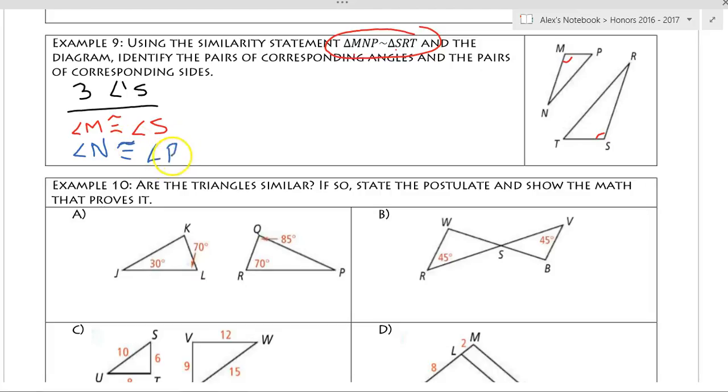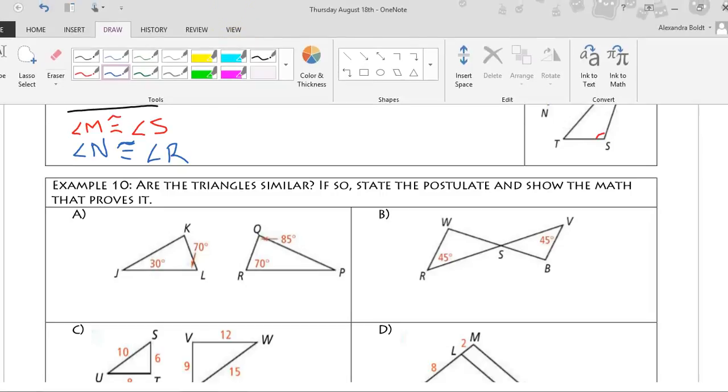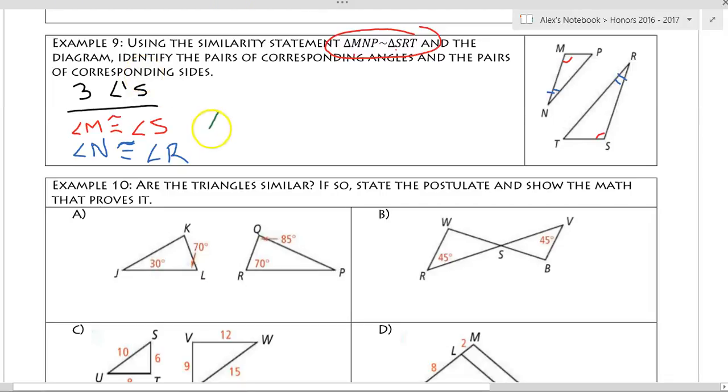So angle R. They're in the same spot in the name. So N, 2 tick marks, R, 2 tick marks. And then the third letter, angle P, has to be congruent to angle T. Okay? So P, we'll give it 3, and T will have 3 as well. Okay? So those are my congruent angles.